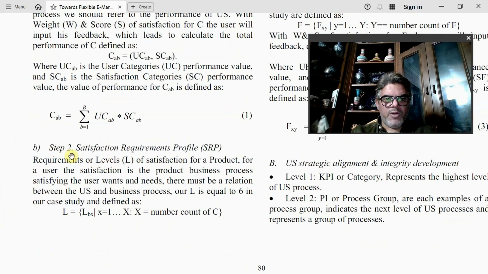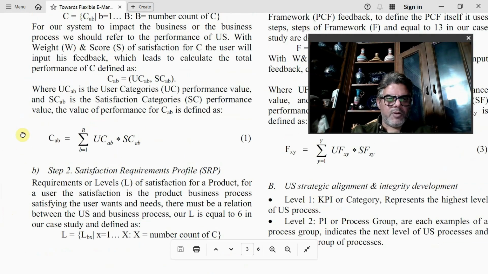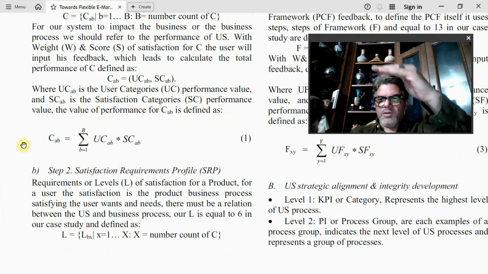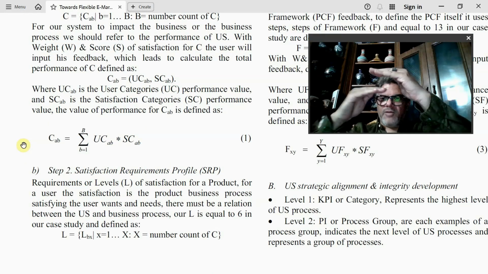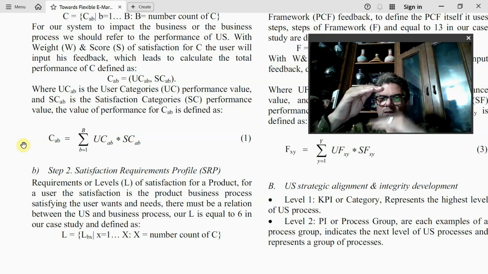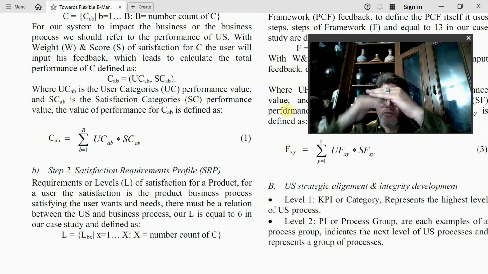Same for the satisfaction requirement profile. The levels, okay, I need to say something about this. So we have the category, the levels, and then the framework. Okay, so category, levels, framework.